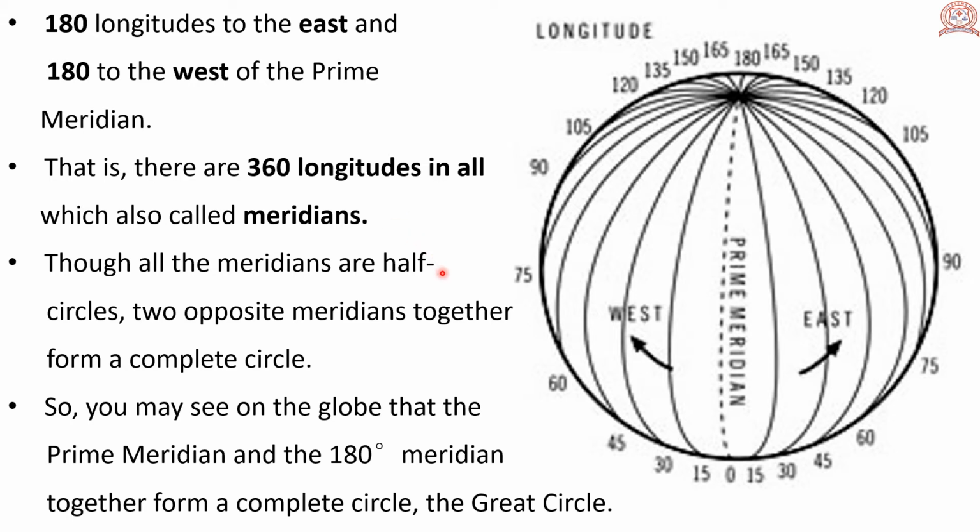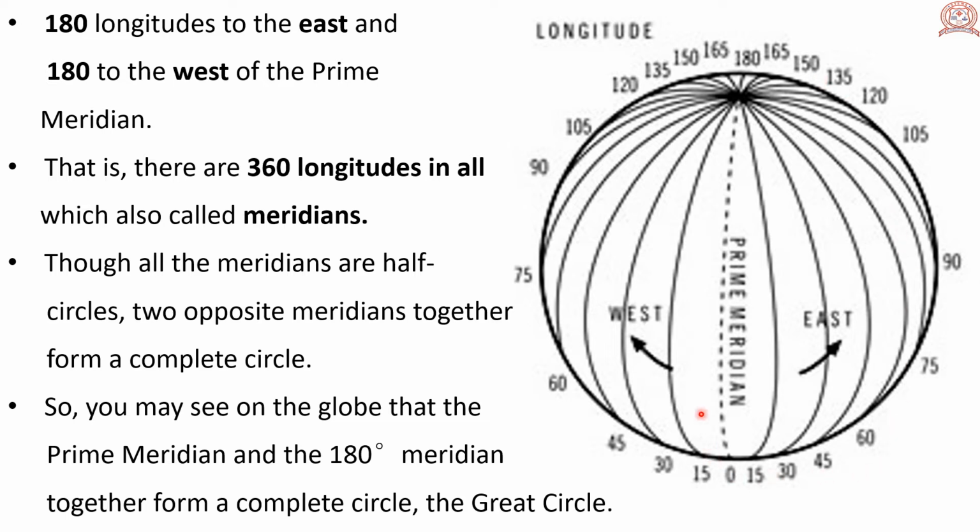Though all the meridians are half circles, two opposite meridians together form a complete circle. So you may see on the globe that the prime meridian and the 180 degree meridian together form a complete circle.